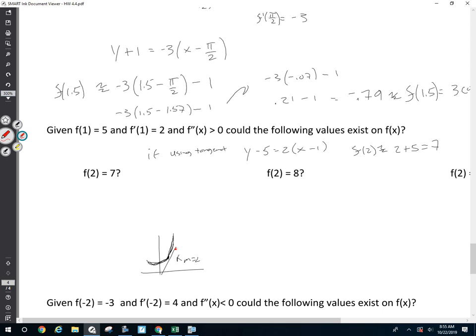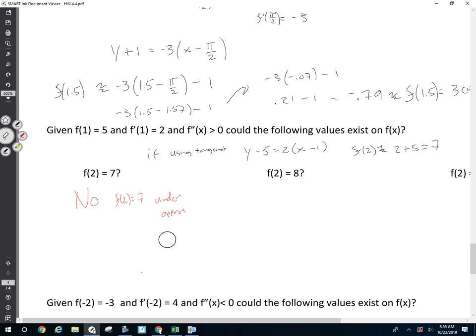My approximation is (2, 7). Could that be the actual value on f of x? The answer is no, because (2, 7) is under, which means 7 can't be the actual.